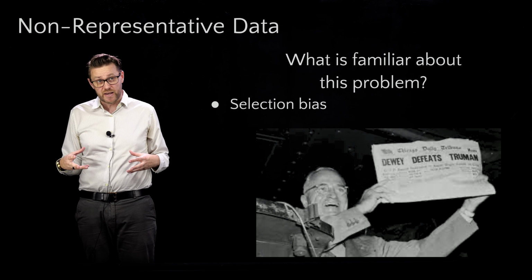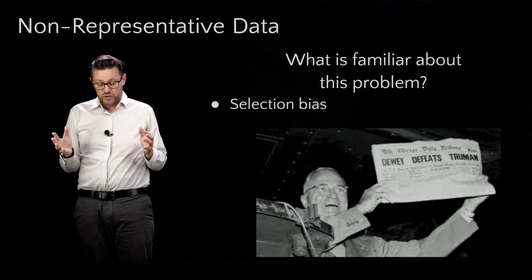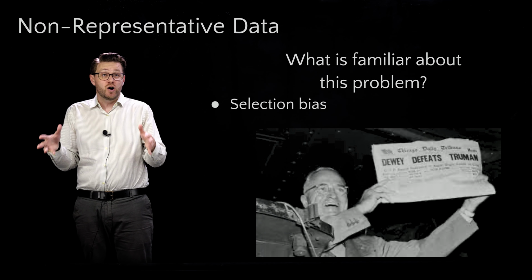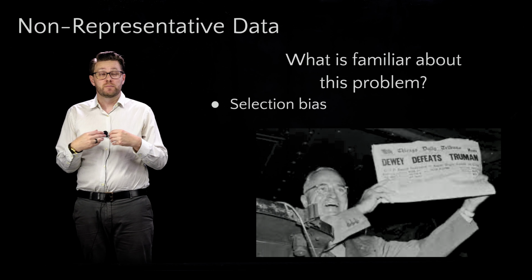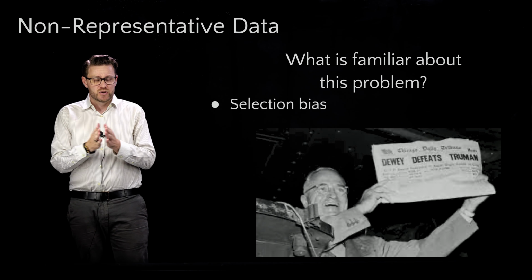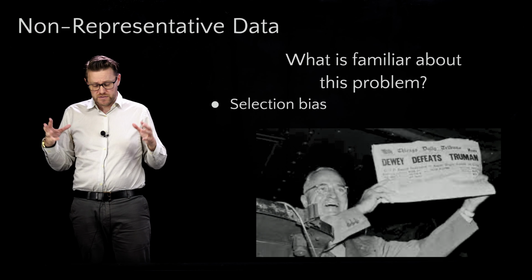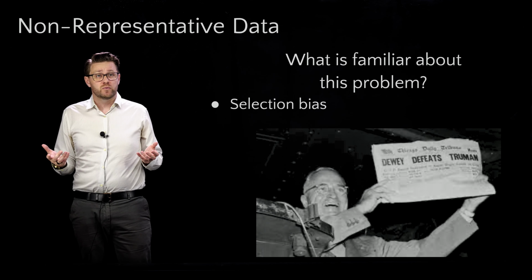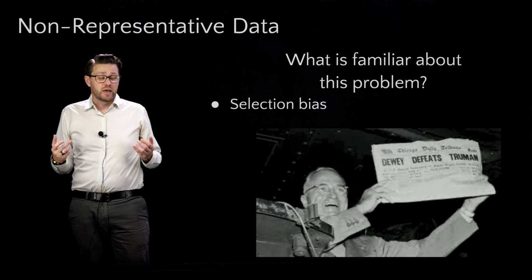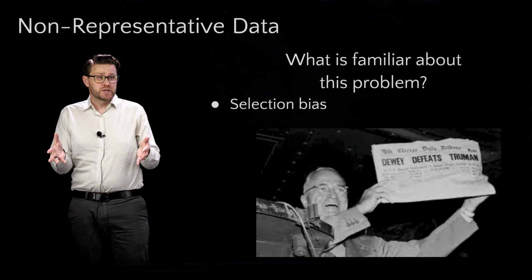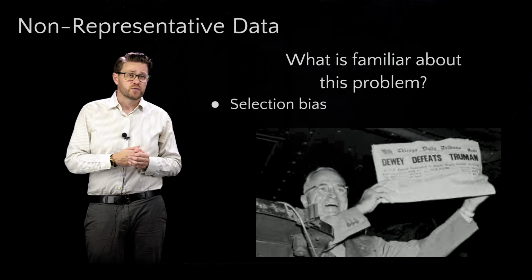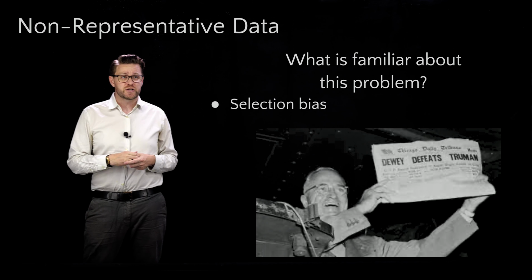So you take a subset or a sample of the population, you analyze it, and then you make a probabilistic projection back onto the population from the sample. So the sample has to represent the population, and if it doesn't, then the analysis of the sample isn't useful to project back on the population. Statisticians have known this for decades. It's called selection bias.